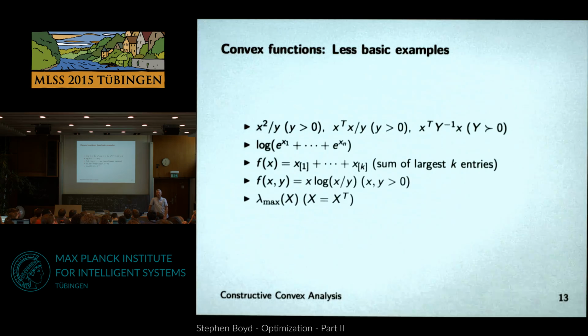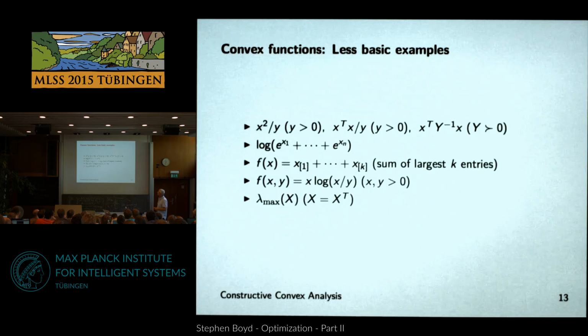Let's be more precise: you can't find the second derivative because it's not twice differentiable. That's the right way to say it. The Hessian is actually 0 at almost all points, and it doesn't exist whenever the kth and the (k plus 1)th entries are equal. This thing is not differentiable, let alone twice differentiable.